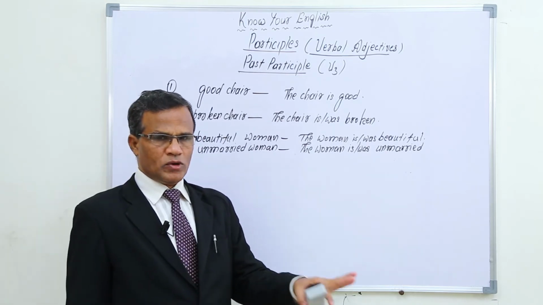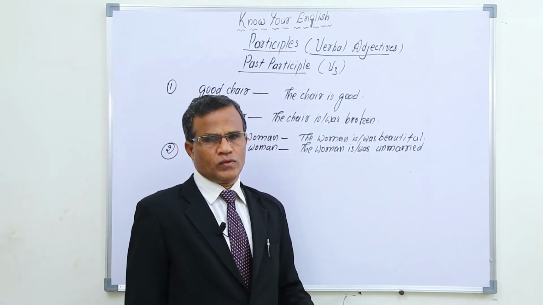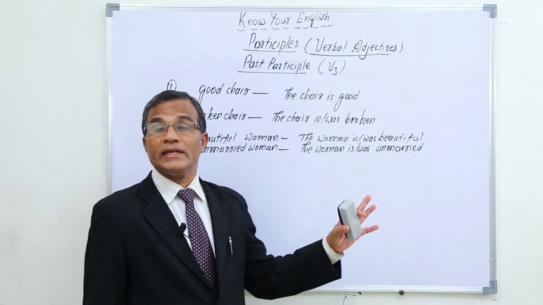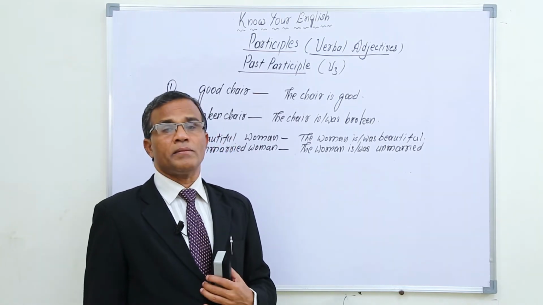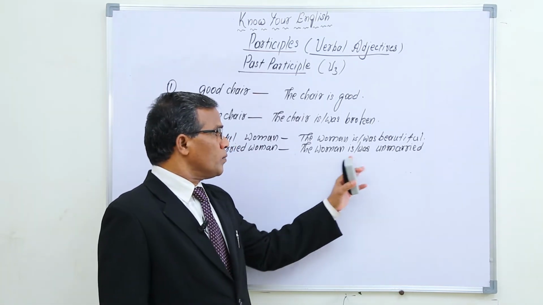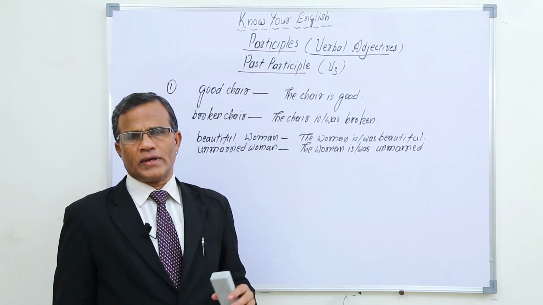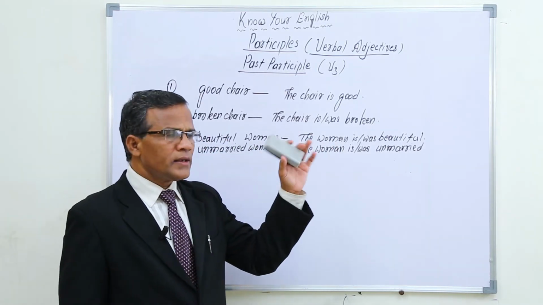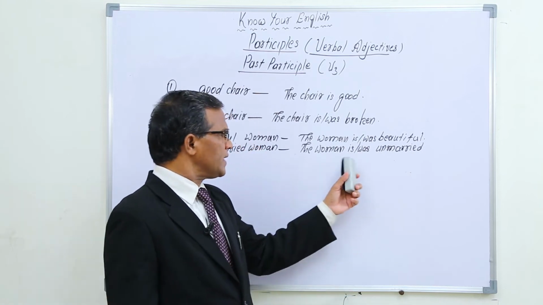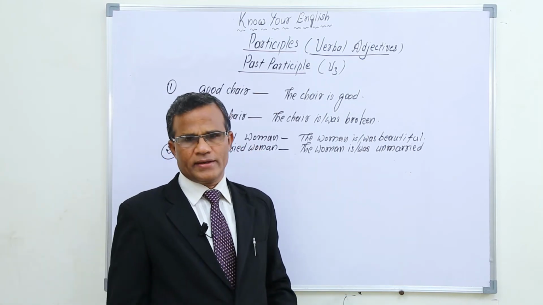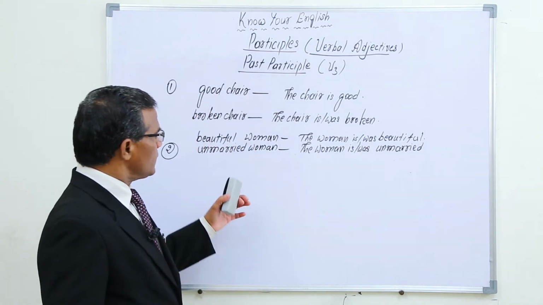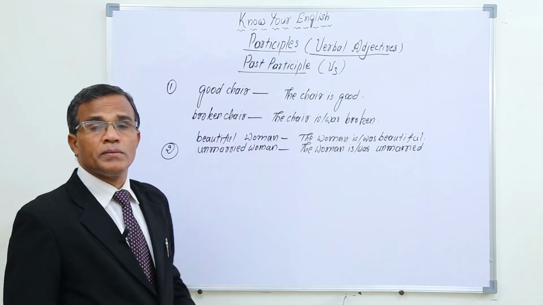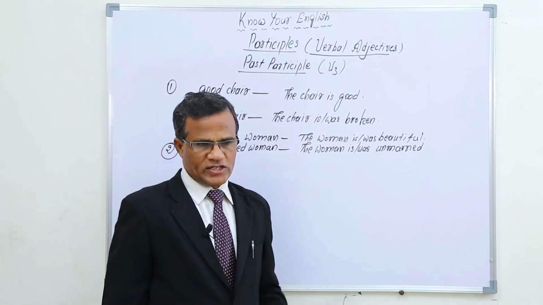When we are talking about a present lady, we can say the woman is unmarried. Okay, she is in unmarried condition. The woman was unmarried. If we are talking about a lady in the history of the past, we can say the woman was unmarried. In such a way, we can use a past participle also as an adjective.